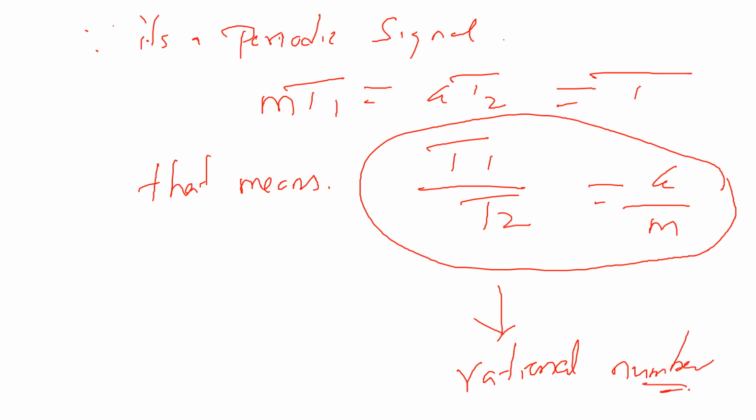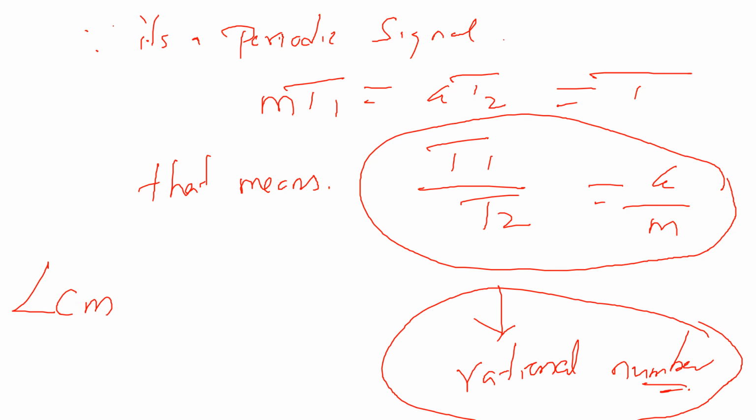So from the question, what I observe is that the sum of two periodic signals is periodic only if the ratio of their respective periods can be expressed as a rational number, as I have explained. The fundamental period for this kind of signal will be the LCM of T1 and T2.